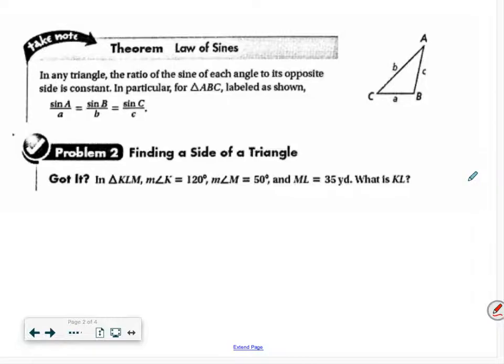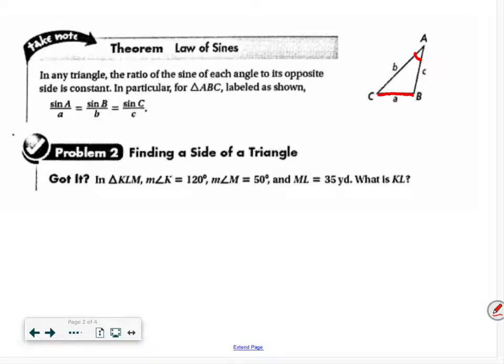What the law of sines tells us is that the sine of our angle and the side opposite of it have to be proportional throughout our whole triangle. Look at my angle A, take the sine of it and put it over my side a.